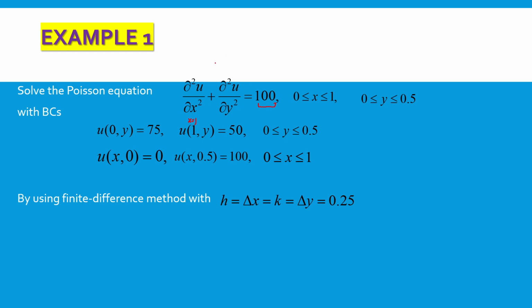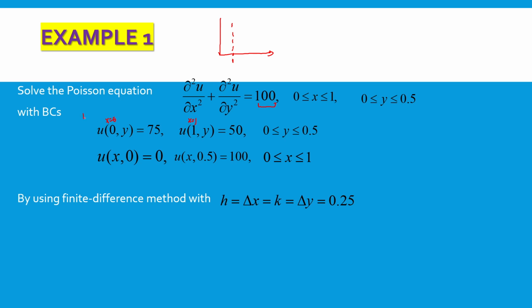How do you draw the line x equal to 1? Horizontal line or vertical line when x equal to 1? So vertical, right? So this is x equal to 0, and this is x equal to 1.